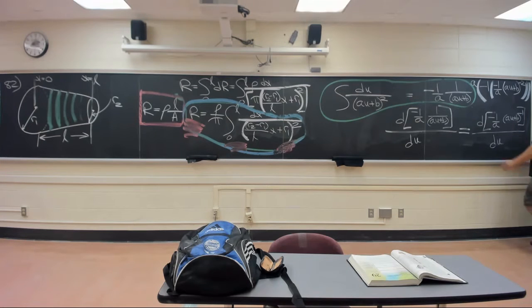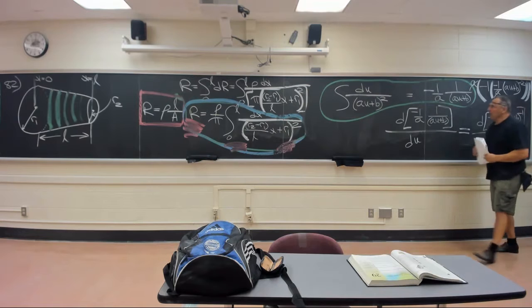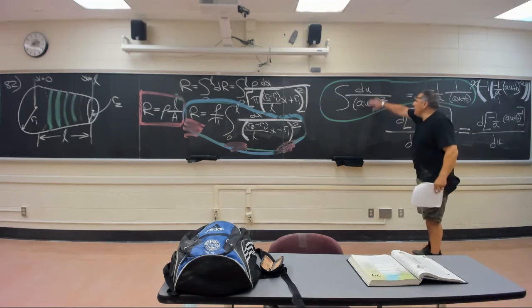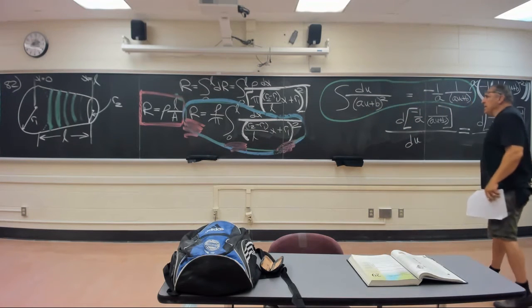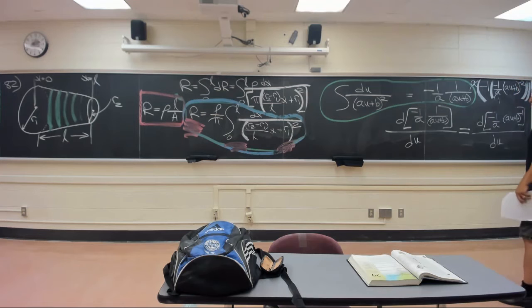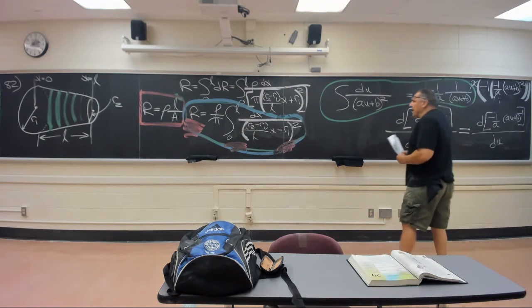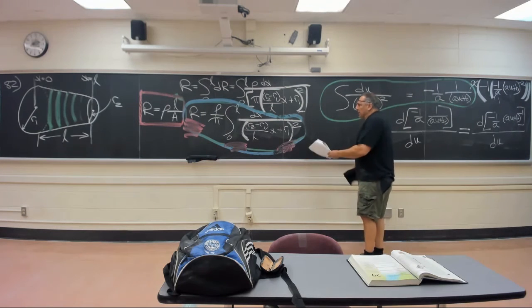What's going on here? Negative times negative is positive. Negative 1 times negative 1 is positive 1. a and a cancel. That's just positive 1. And at the end of the day, you got the quantity au plus b to the negative 2. What is that? That's what's underneath here, 1 over au plus b to the 2.